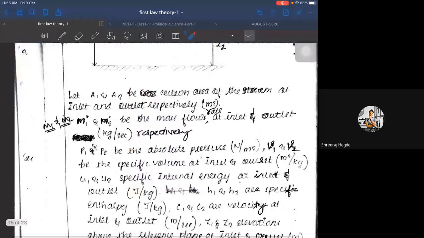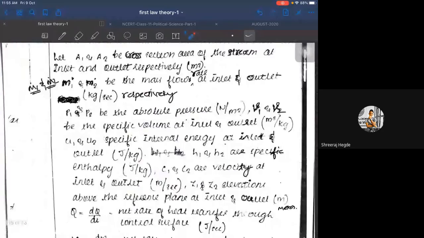I'll just read out. Let A1 and A2 be the cross section area of the stream at inlet and outlet respectively, measured in meter square. Here it is m dot 1 and m dot 2. I said m is just a mass and m dot is the mass flow rate. So m dot 1 and m dot 2 are the mass flow rates at inlet and outlet in kg per second respectively.